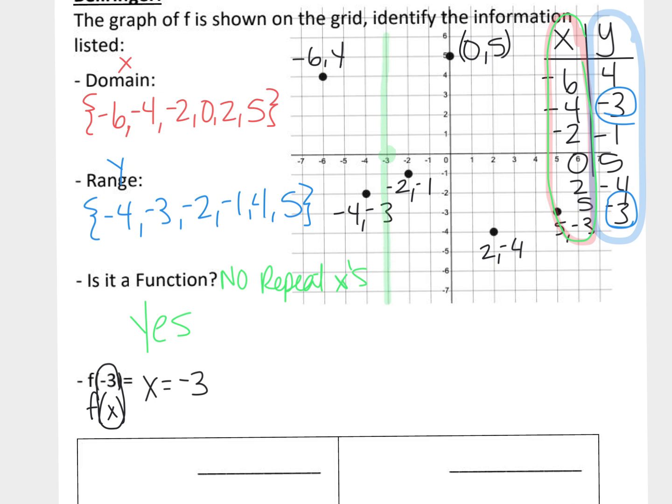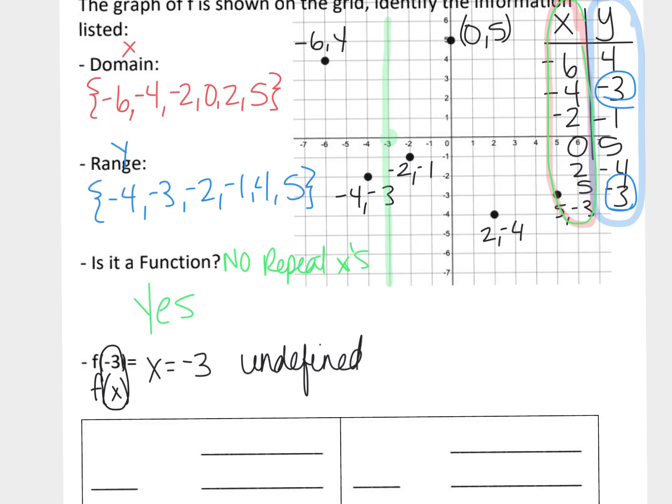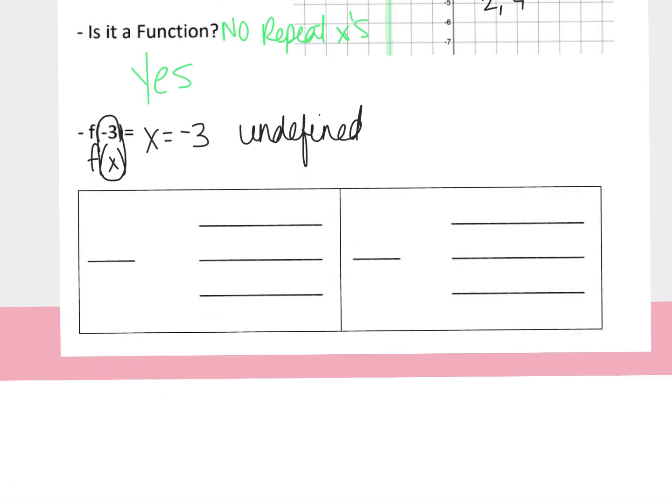So in this case, we do not have a y. So this is what we call undefined, right? There is not one.